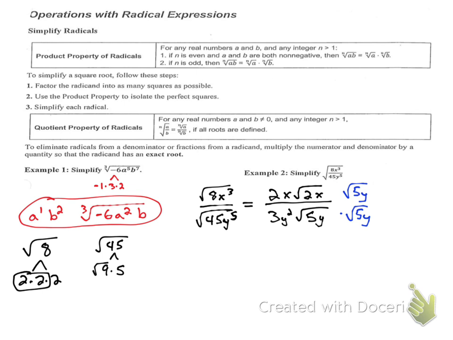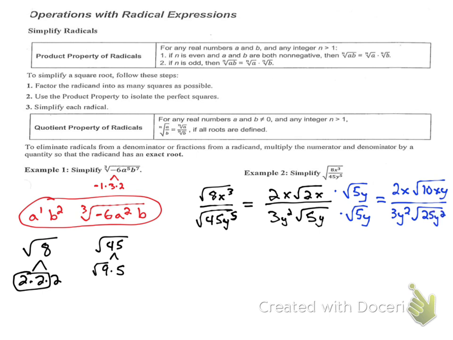So if you do it to the bottom, you have to do it to the top. That would give you 2x times the square root of 10xy over 3y squared times the square root of 25y squared.